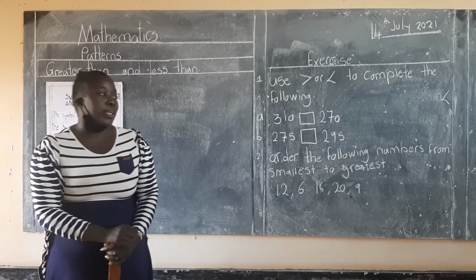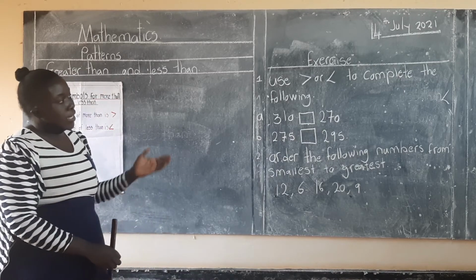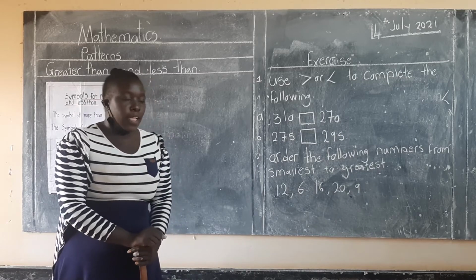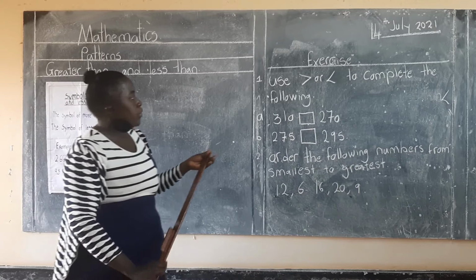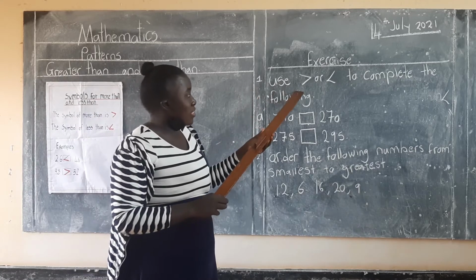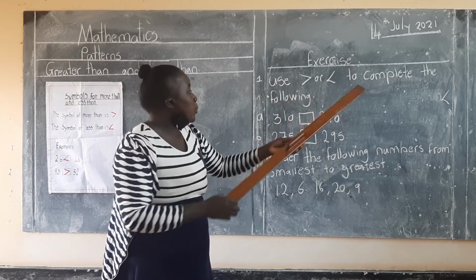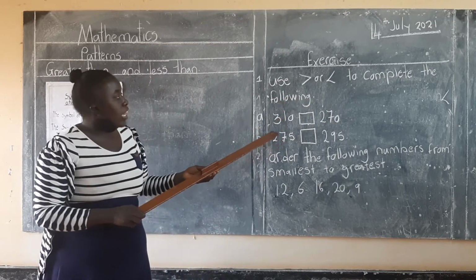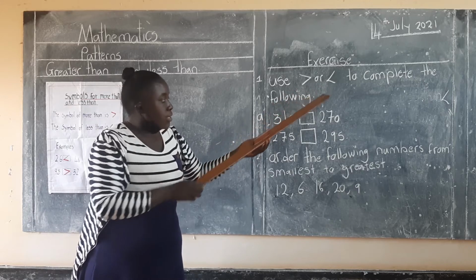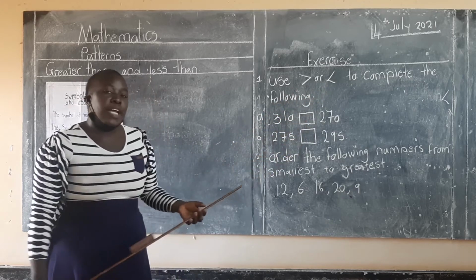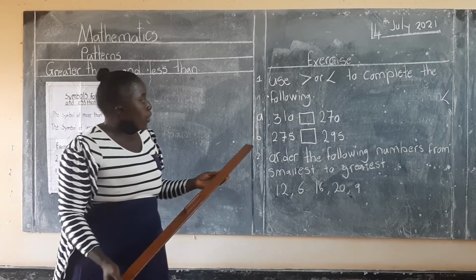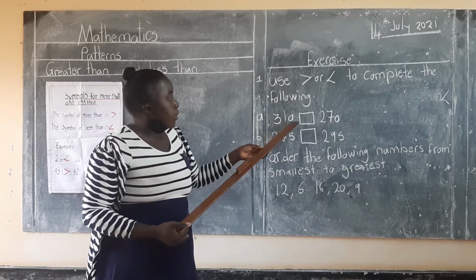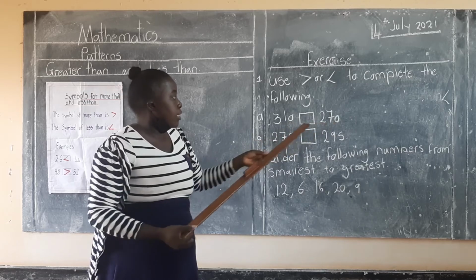Let us go through the exercise together. There is an activity on the board, and I want us to do it together. Question number 1 says, use this symbol or that symbol to complete the following. We are required to compare the numbers we have been given. The numbers in A are 310 box 270.